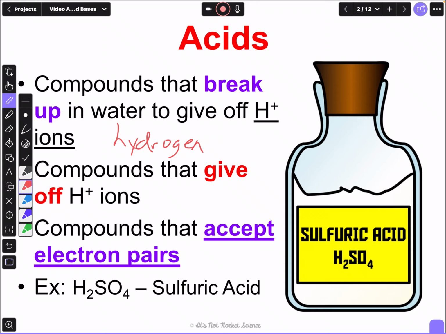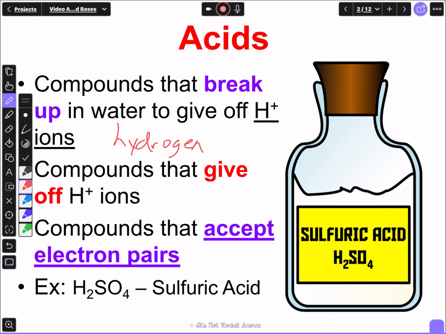They give off H plus ions, and they're also compounds that accept electron pairs. One example of an acid is H2SO4, sulfuric acid. That's a very strong acid. If you get concentrated sulfuric acid on your skin, it will definitely burn your skin.